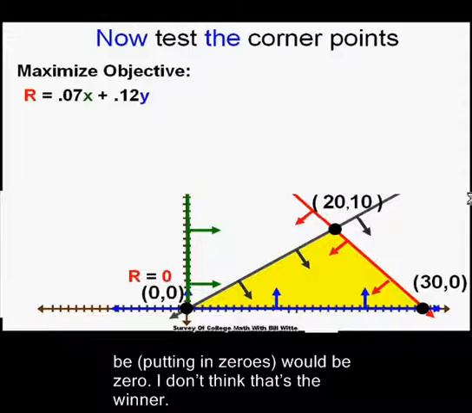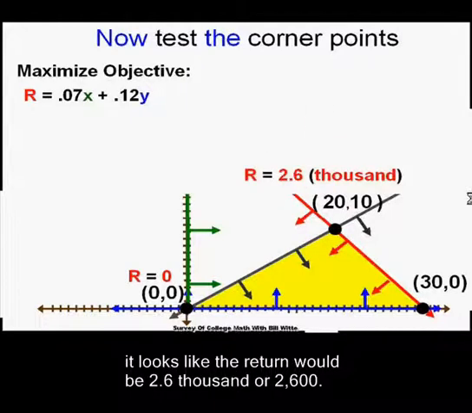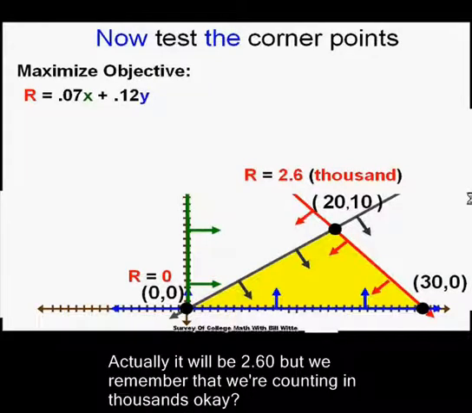I don't think he's going to win. At this point, putting in a 20 for x and 10 for y, it looks like the return's going to be 2.6 thousand or 2.6. Actually, it's going to be 2.6, but we remember we're counting in thousands.